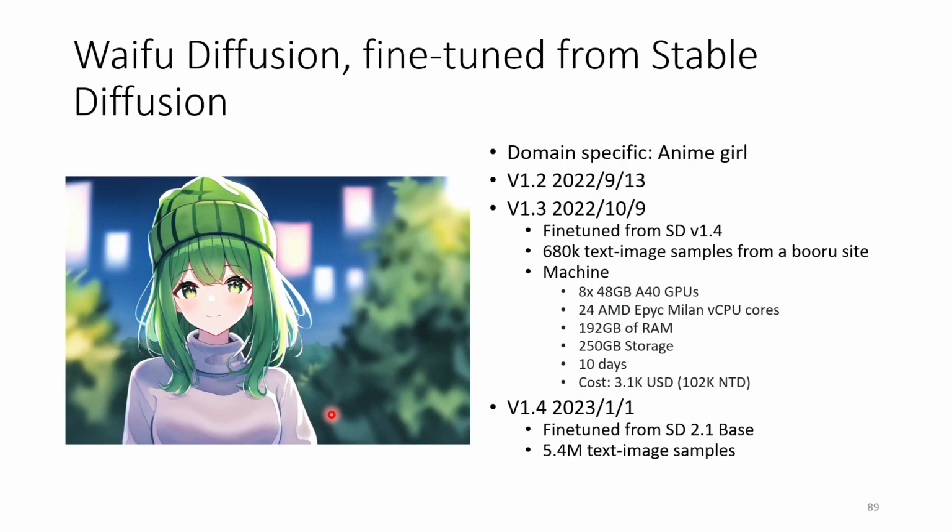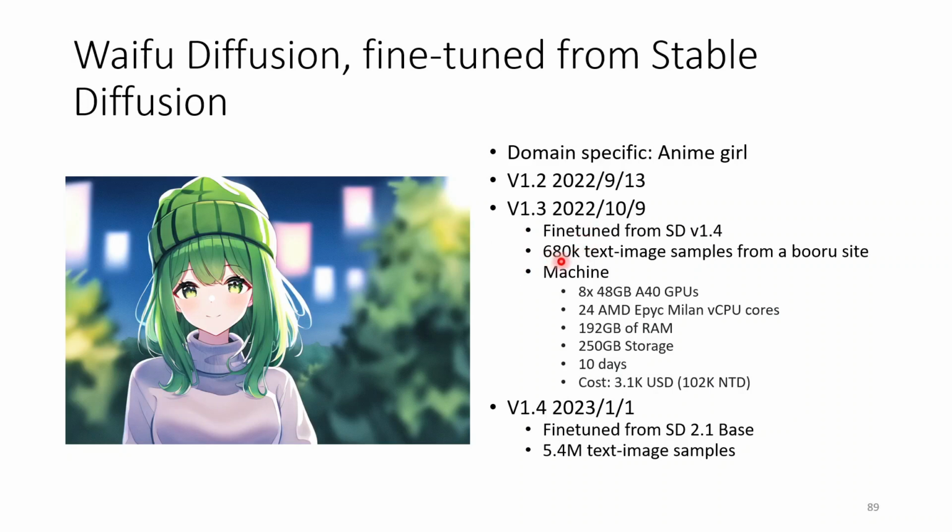Okay, so there is Waifu Diffusion. So what is Waifu Diffusion? Some people want to generate beautiful comic characters, and they can do it now because of Stable Diffusion. It is based on Stable Diffusion 1.3, and also on Stable Diffusion 1.4, and they collect image data sets.